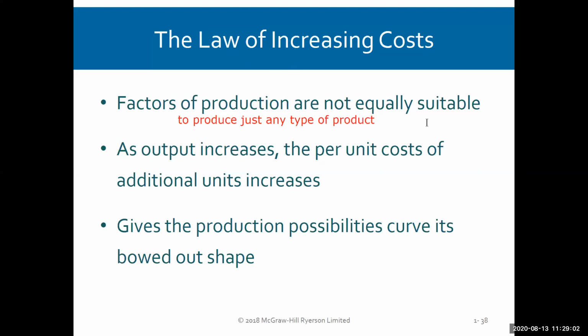And a good example is, let's say we've got wheat fields and we've got car assembly lines. So we're producing wheat and producing cars. And let's just say it takes 100 workers to produce 100 cars, for example. Now, if we want to produce another 100 cars, we need another 100 people. Well, that's if they've got the skills to produce cars, but everybody's fully employed.